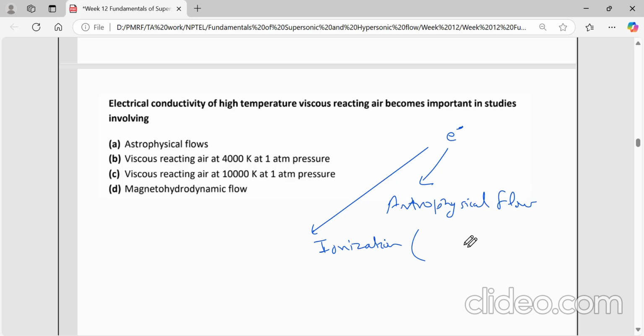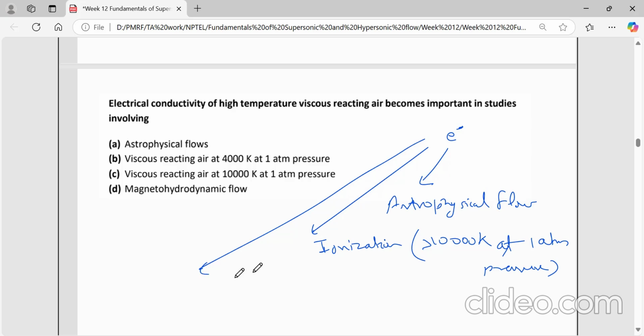And ionization happens for air when its temperature is greater than 10,000 Kelvin at 1 atmosphere pressure. And magneto-hydrodynamic flow. So for all these cases, the electrical conductivity becomes important. So options A, C and D are correct options.